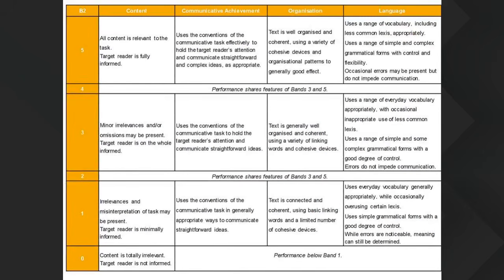If you have a look in band 3 on communicative achievement, to hold the target reader's attention and communicate straightforward ideas. Going into C1, hold the target reader's attention and communicate straightforward and complex ideas as appropriate. So this candidate's done well. It shares features of the two of them, so they get a 4. Okay.